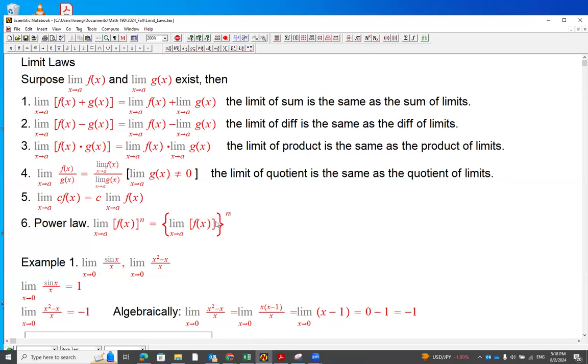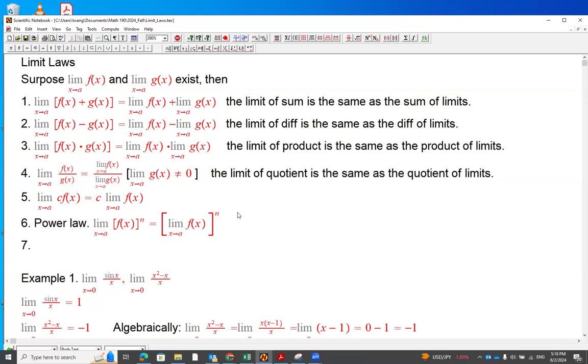Since this bracket is unnecessary, we can write it this way. So if the limit of f of x as x approaches a exists, that's the power law. This one is not hard to find examples for.